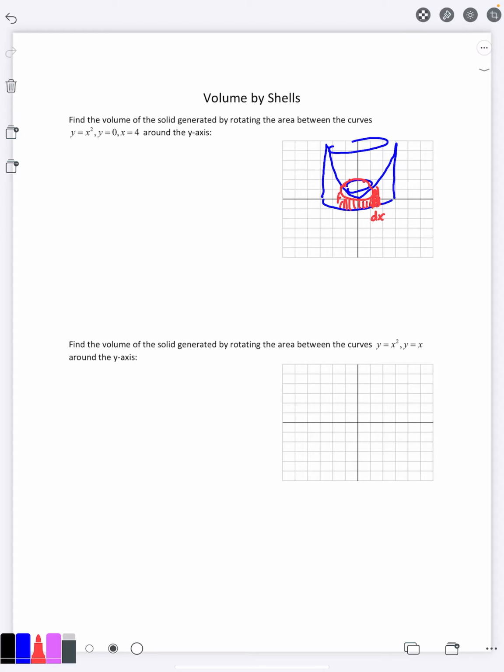So what ends up happening is, since the thickness of this is dx, as you're going around there, it's going to be a cylinder, but it's going to be a cylinder with essentially no thickness to it. So the thickness to the cylinder is just going to be dx here.